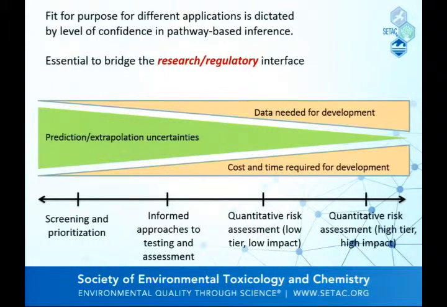So you may have things like screening and prioritization, where you've got a bunch of chemicals and you want to say, which of these should I actually conduct an avian reproduction assay on? Which of these might cause embryo larval lethality in fish? Where do I want to put my resources? Or how can I develop a hypothesis about that chemical that might help me direct my testing on this?